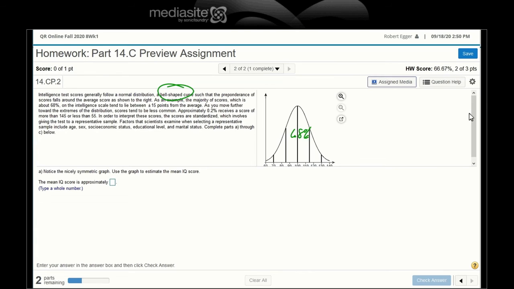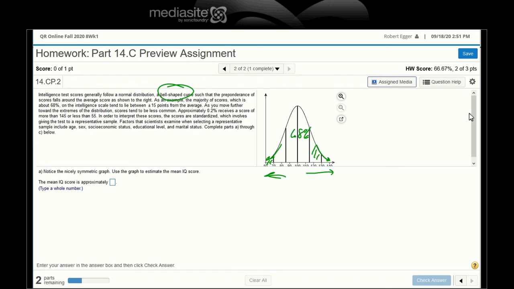As you move further towards the extremes of the distribution, scores tend to be less common, thus the curve going down. We can also look at the area under the curve. The area beneath the curve represents a proportion of the population. 0.2% receive a score of more than 145 or less than 55.